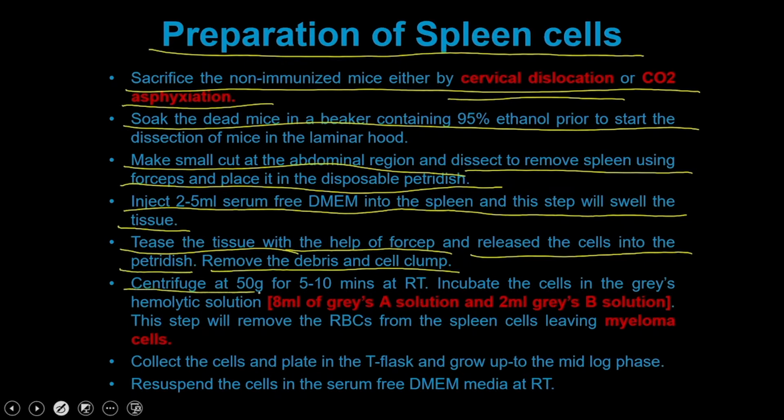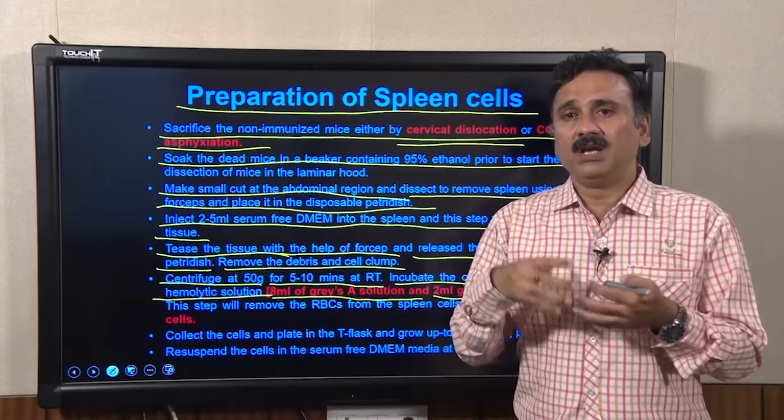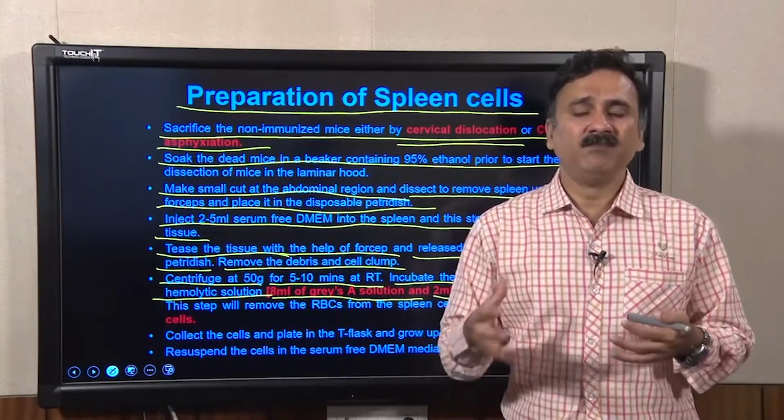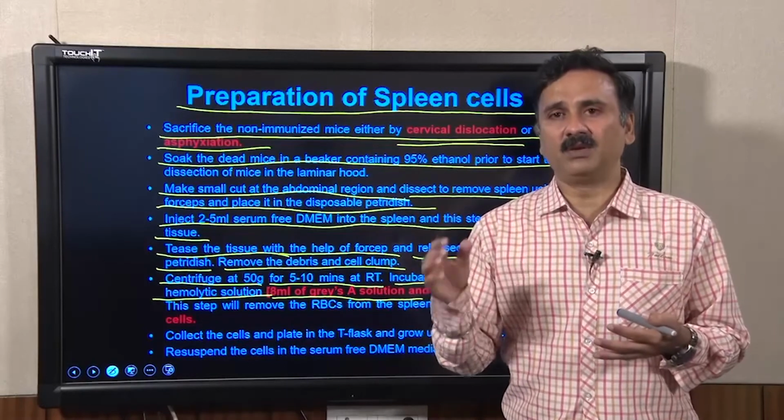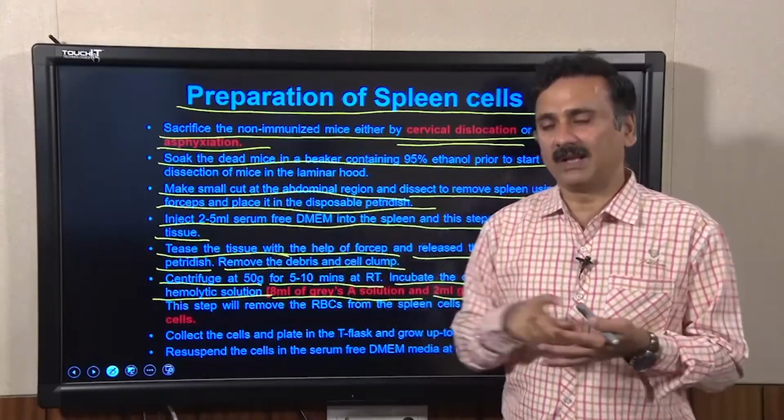You centrifuge this at 50 G at room temperature and then incubate the cells in Gey's hemolytic solution. Gey's hemolytic solution is a combination of 8 ml of Gey's solution A and 2 ml of Gey's solution B. This solution contains some compounds which are taken up by the RBCs, and in that process the RBCs break open, which means with the help of Gey's solution you eliminate the RBCs. It induces hemolysis without affecting the spleen cells.